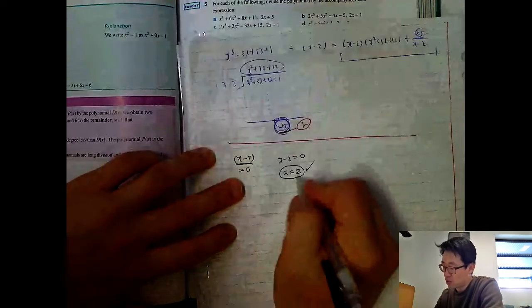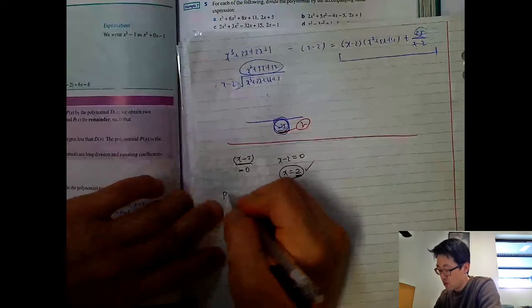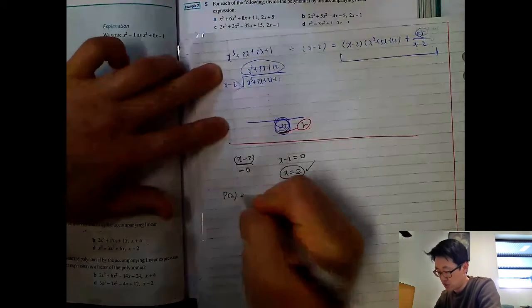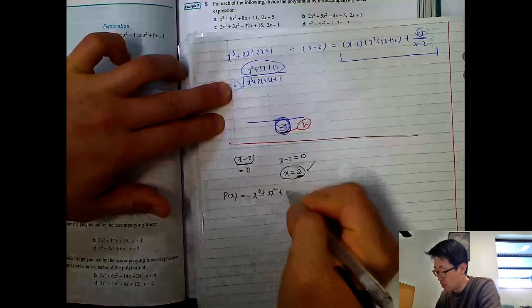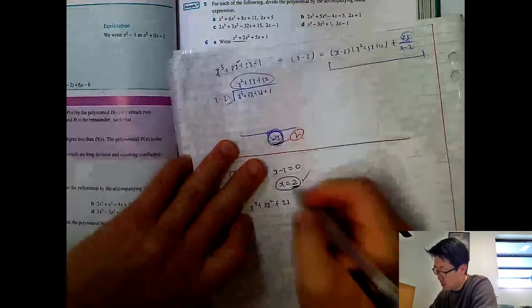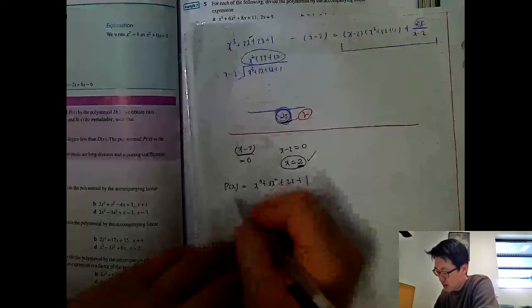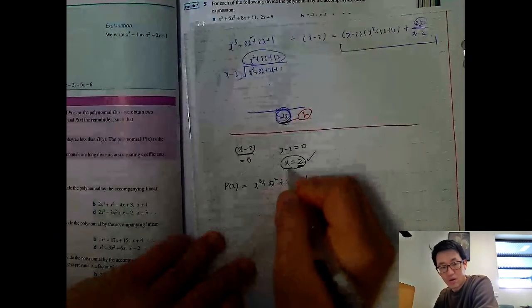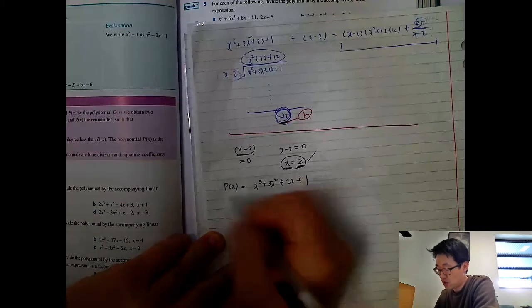So now I put 2 into that polynomial. For example, P(x) equals x cubed plus 3x squared plus 2x plus 1. Write it down. Now we can put x equals 2.